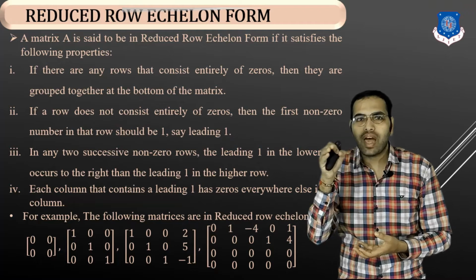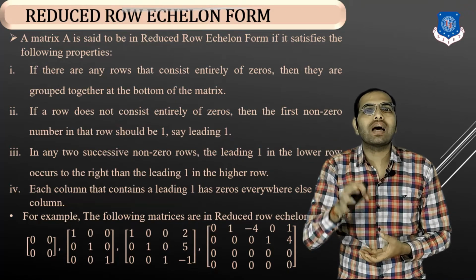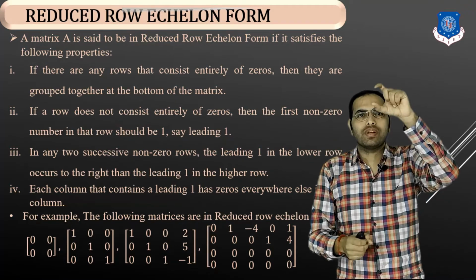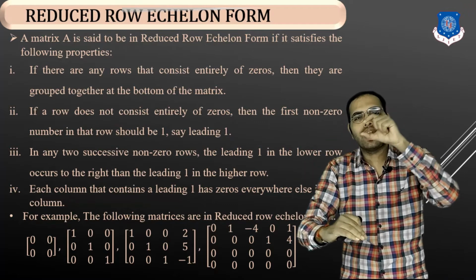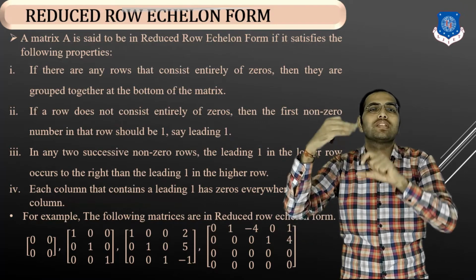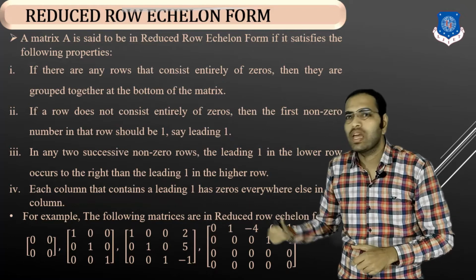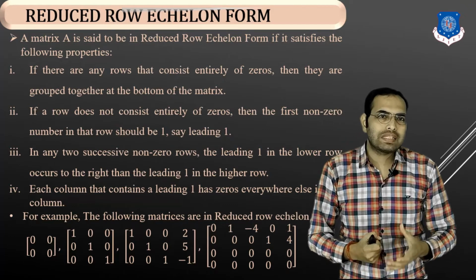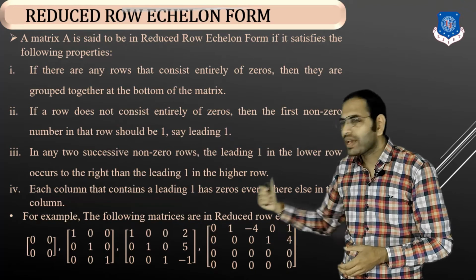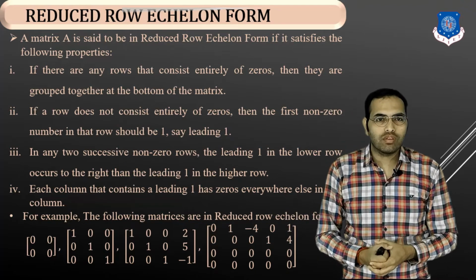Except for those, all the remaining elements are 0, both below and above each leading one. All the conditions of reduced row echelon form are satisfied, so these are all examples of reduced row echelon form.